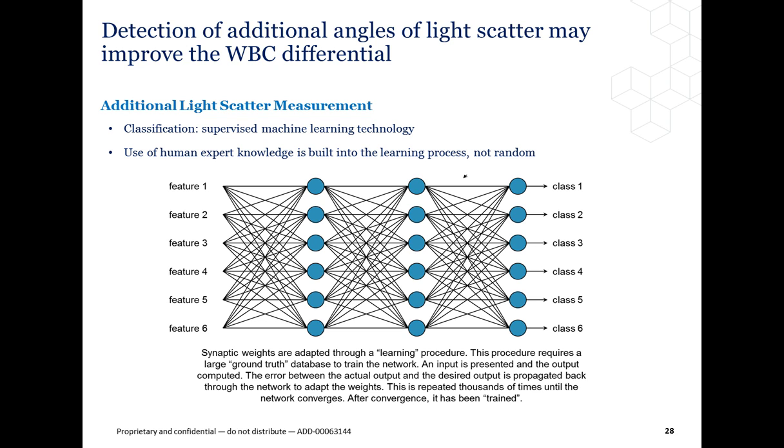This would allow a reference ground truth database to be established and then to train the learning algorithm via a network of information and big data to understand exactly that this is going to resolve this type of specific abnormal cell type. Without that ground truth database, it becomes very difficult to push beyond where we are right now with some of the advances of optical light scatter and or other methods.